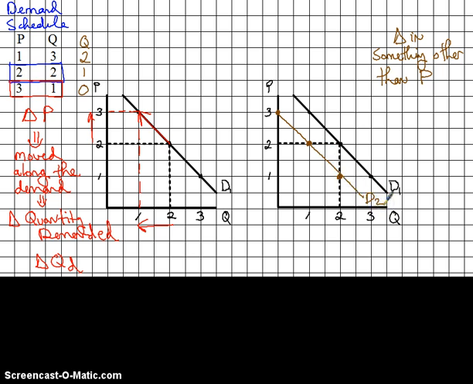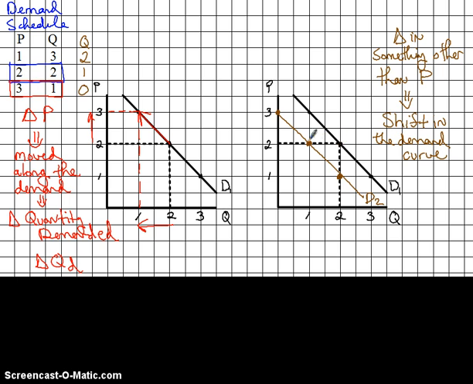So whenever we get a change in something other than the price, that's going to cause a shift in the demand curve. What that word shift means is that the entire curve is going to move. So the entire curve shifted in to the left.